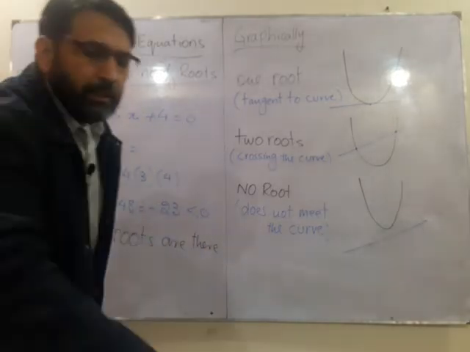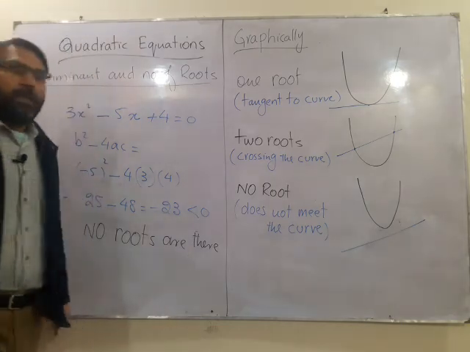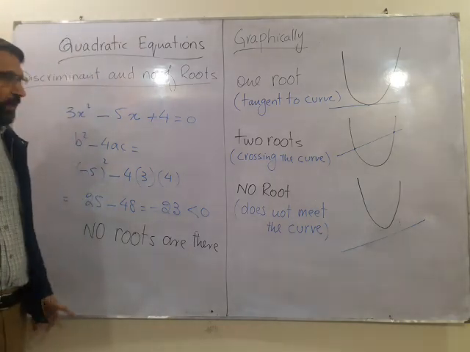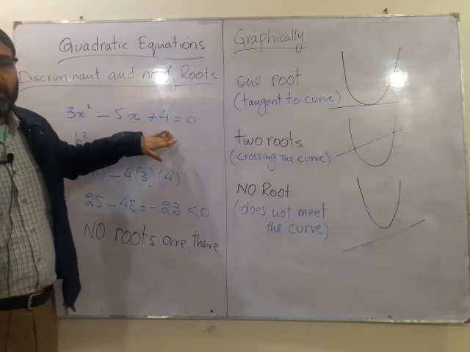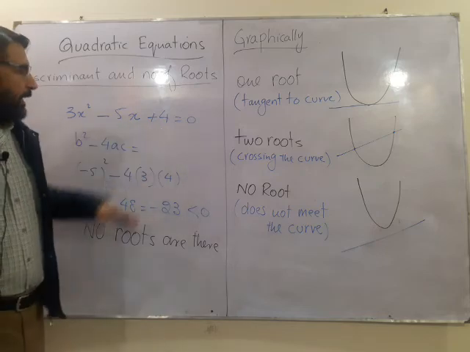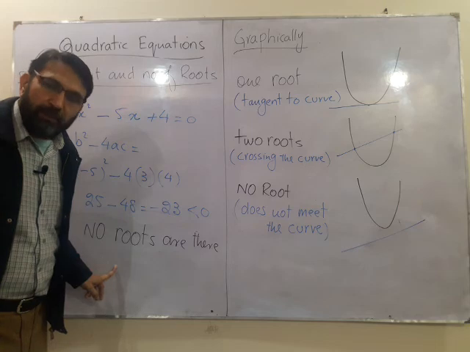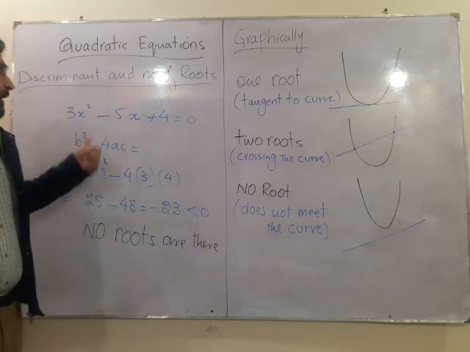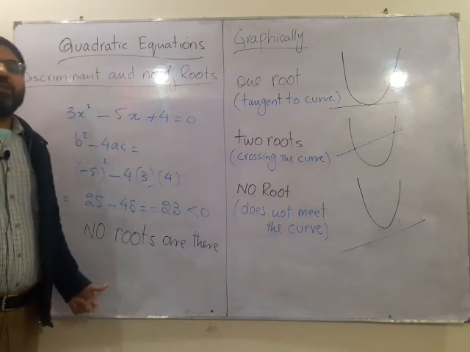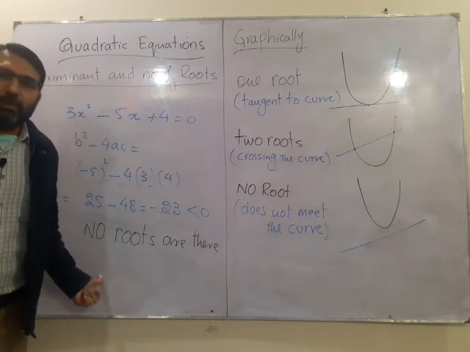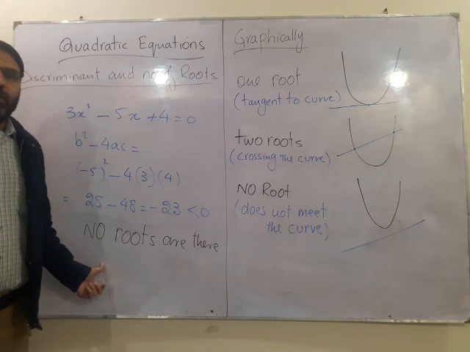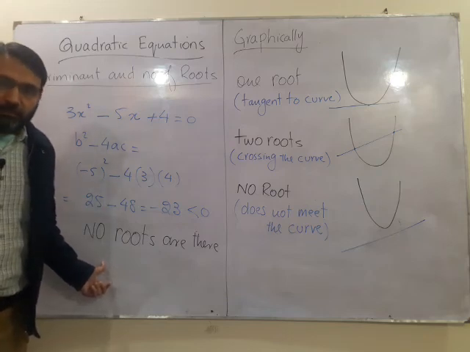This will help you in functions as well. When they say the line and the curve are meeting each other, touching each other at a point, or they do not meet anywhere, then you will be using one of the conditions: b square minus 4ac greater than 0, b square minus 4ac equals 0, or b square minus 4ac less than 0.